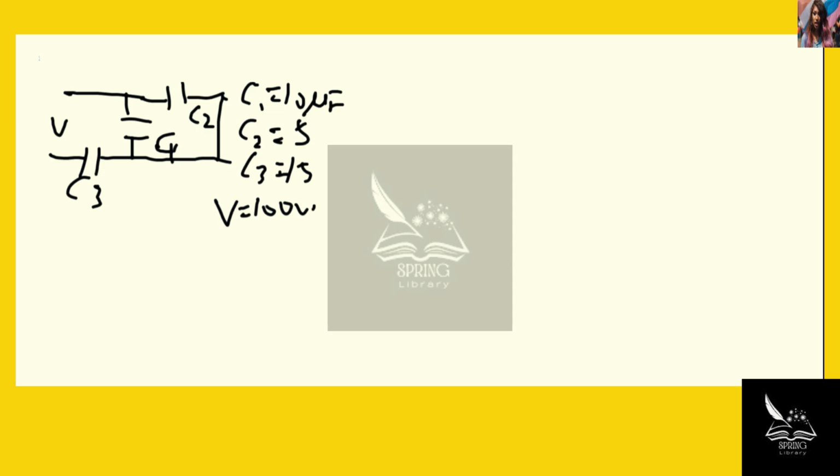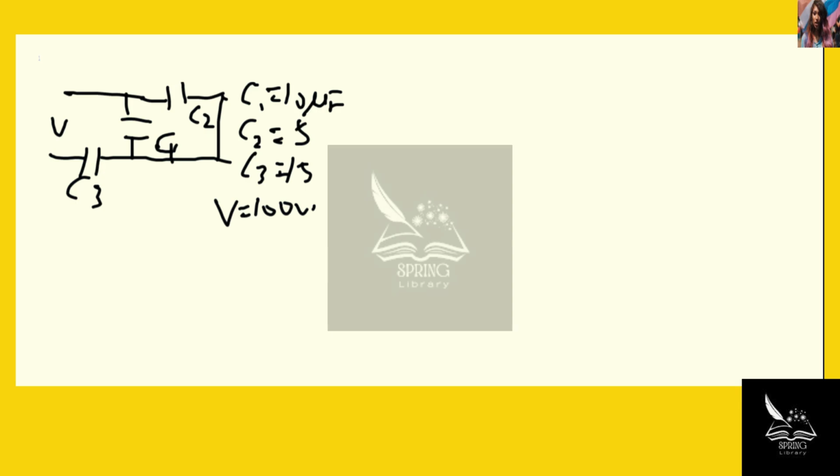And the voltage across the circuit is V, and we know the parameters. C1 is 10 microfarads, C2 is 5, and C3 is 15. Okay, and the voltage is 100 volts. So the question is, we want to find out the parameters for C1, C2, and C3.